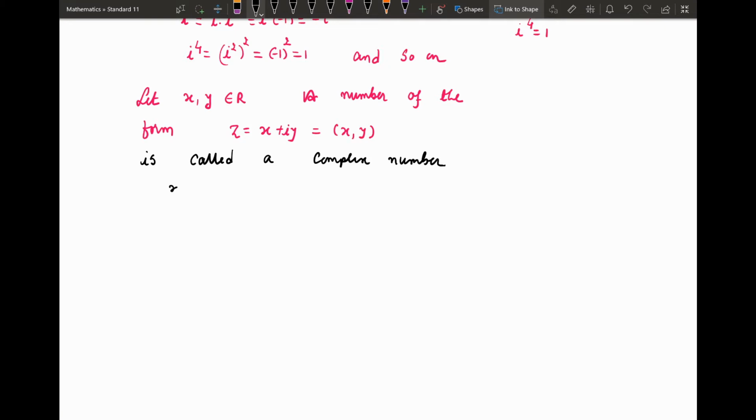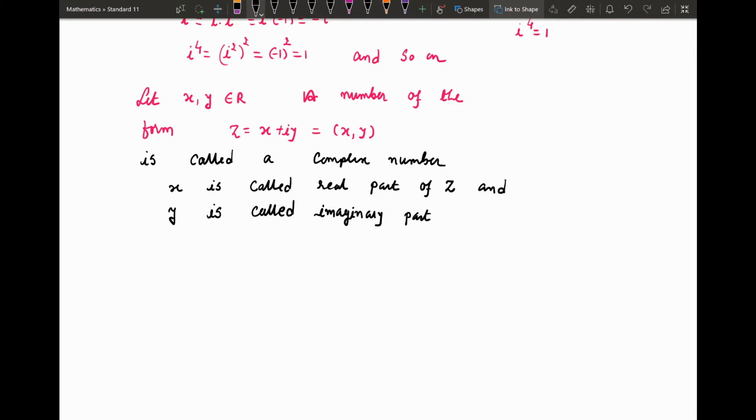x is called the real part of z and y is called the imaginary part of z.